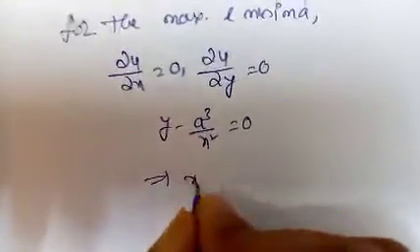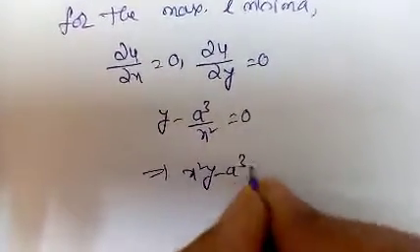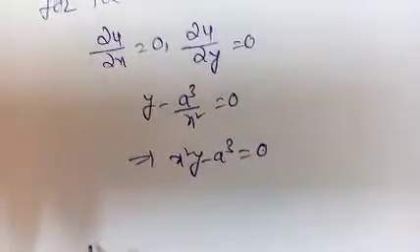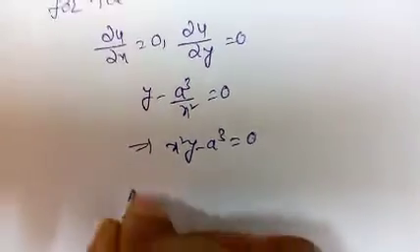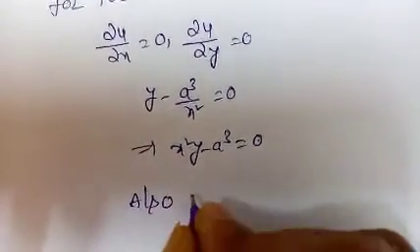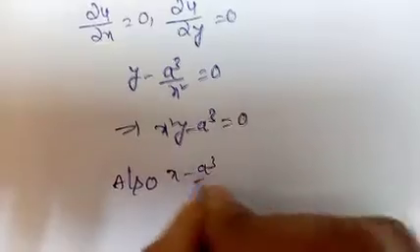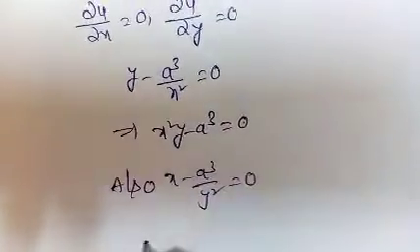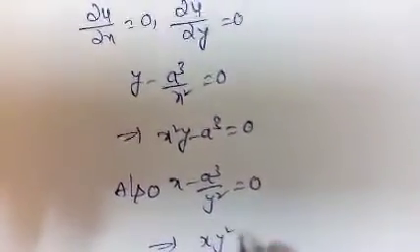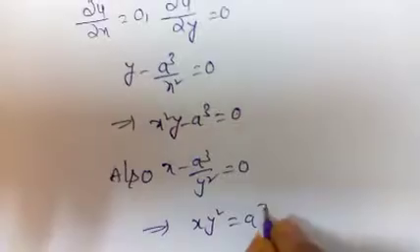From this, x square y minus a cube equal to 0. Also dou u by dou y: x minus a cube by y square equal to 0. From here xy square equal to a cube.